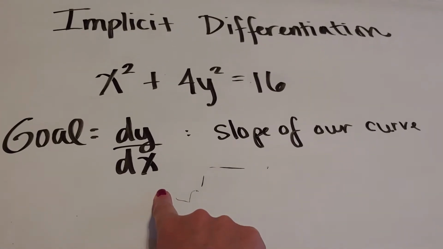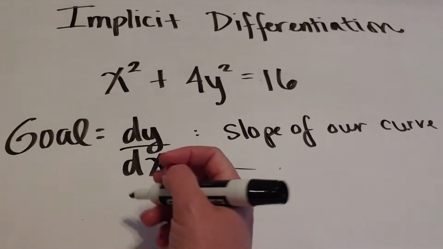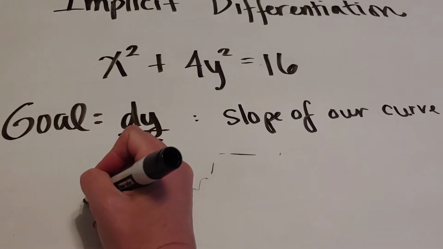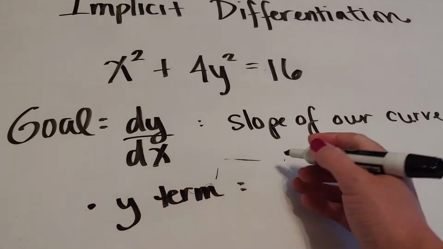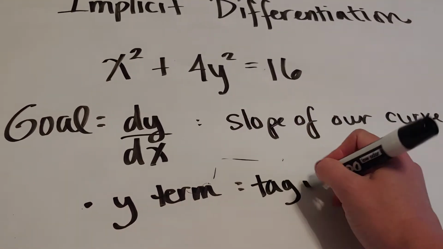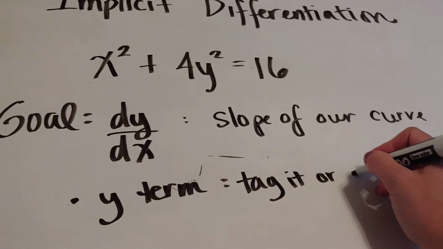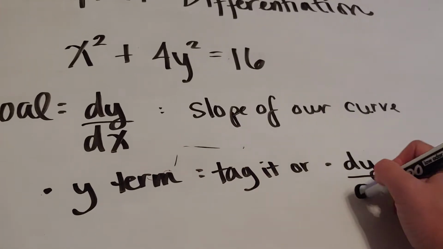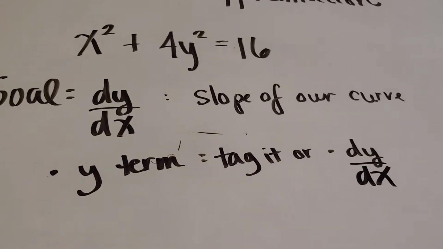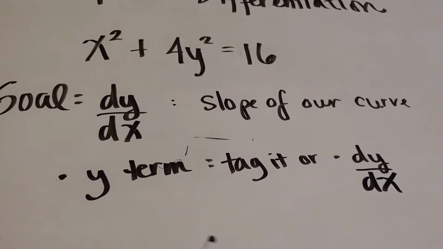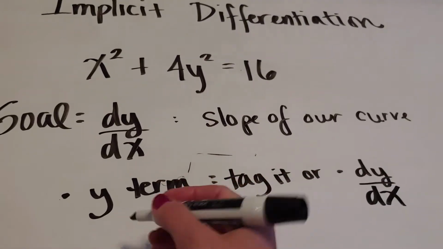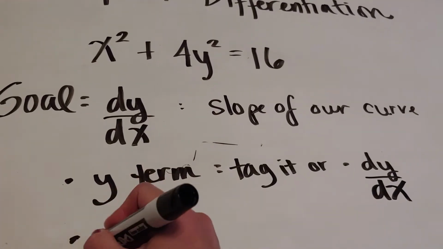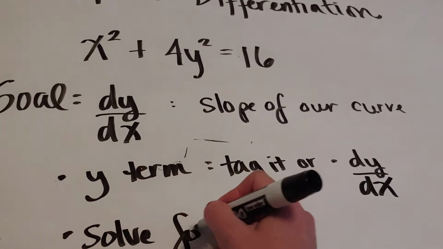How implicit differentiation works is that you treat x normally, but if you have a y term, because y is not an x, you have to tag it, or multiply it, by dy/dx. What'll happen is we're going to get a bunch of terms in our answer, but our goal is to solve for dy/dx.